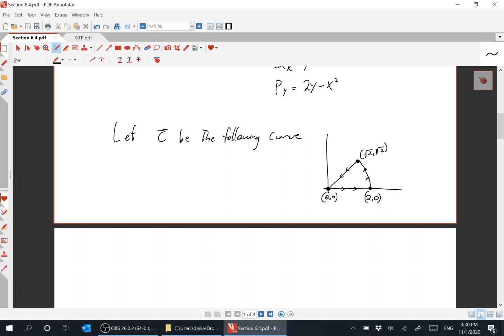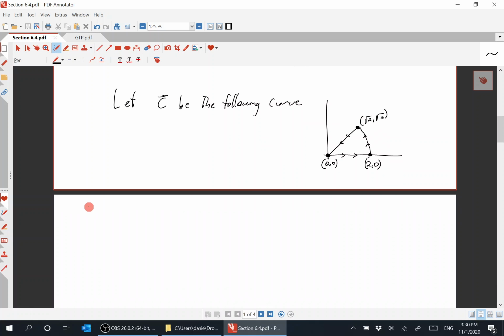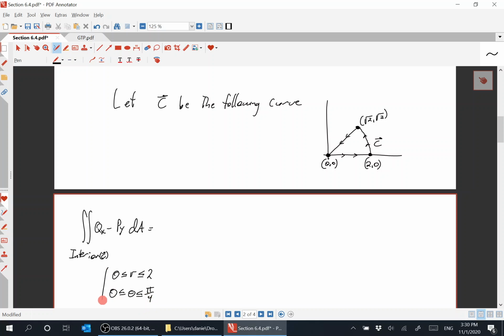So let's do the double integral first. So the double integral of Qx minus Py dA over the interior of C. All right, so this is the curve C. Well, the interior of C is, as a polar region, 0 less than r less than 2, 0 less than theta less than pi over 4, right?